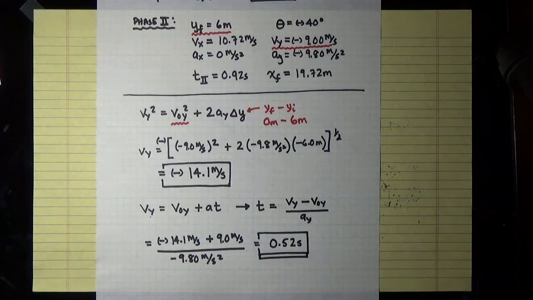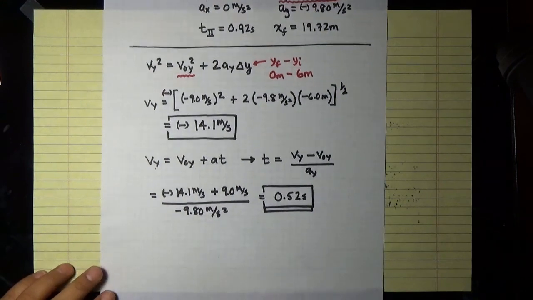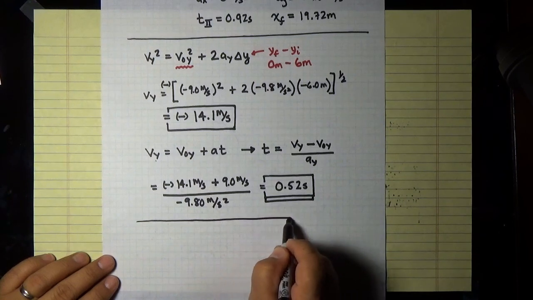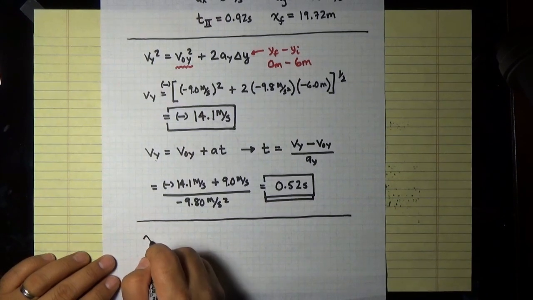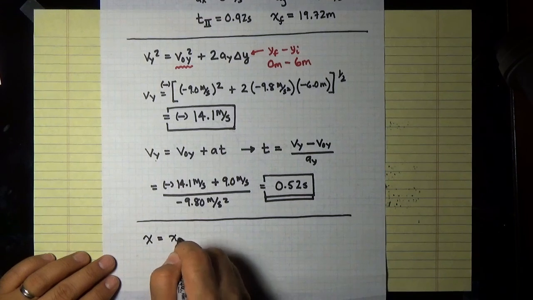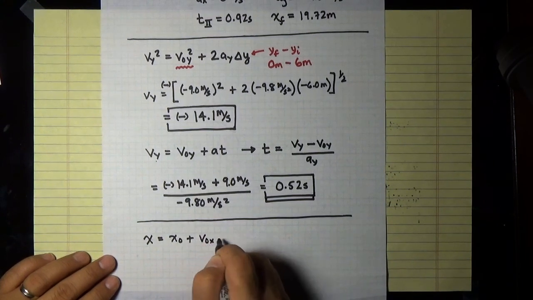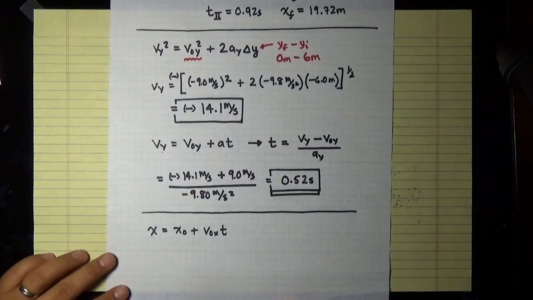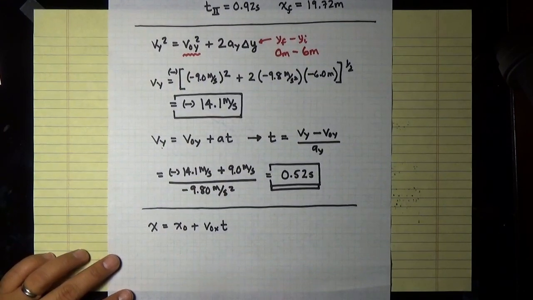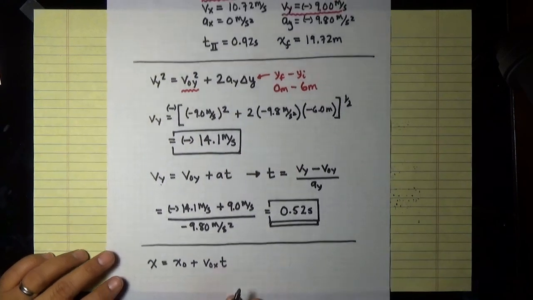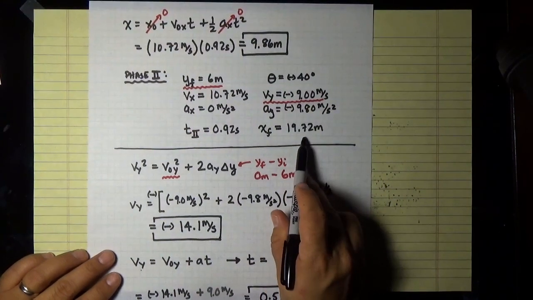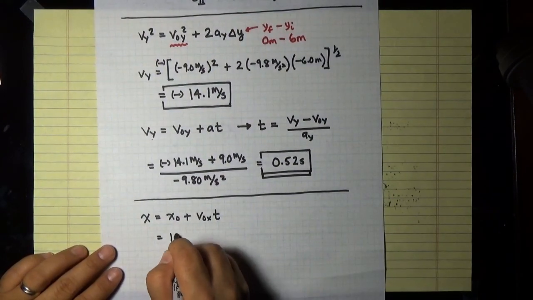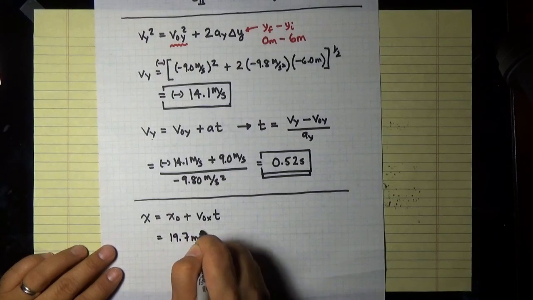Last but not least, I need to know what my final x is, so I can use the x kinematic equation. The x kinematic equation is x equals x naught plus v naught x t, and I'll leave off the acceleration term because the acceleration in the x direction is 0. X naught is simply the value of x that we started this phase with, 19.7 meters.